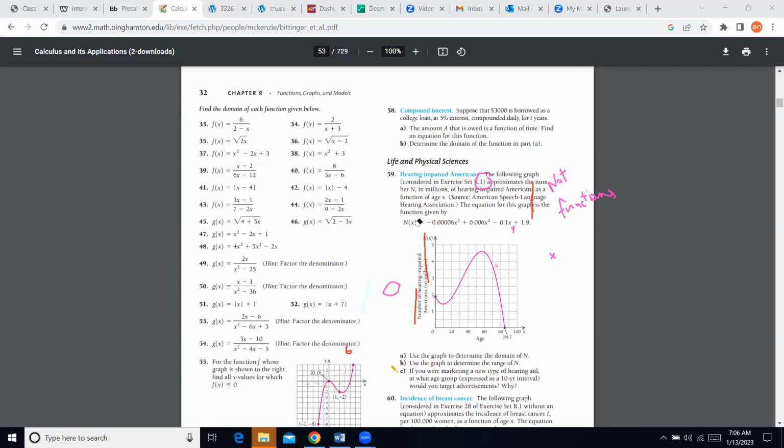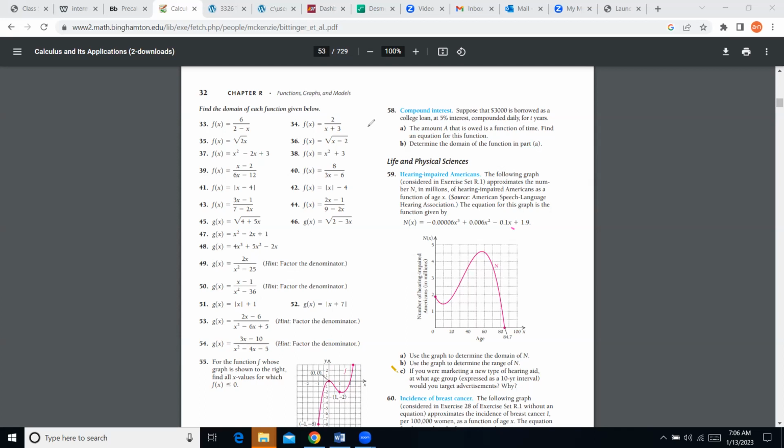One of them was having a square root, and the other special case was when we had a denominator. And this is what should help us in graphing.